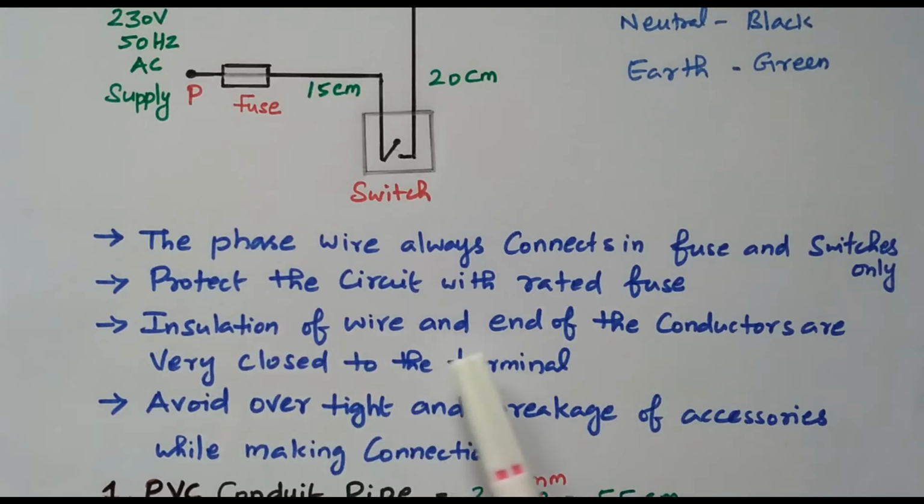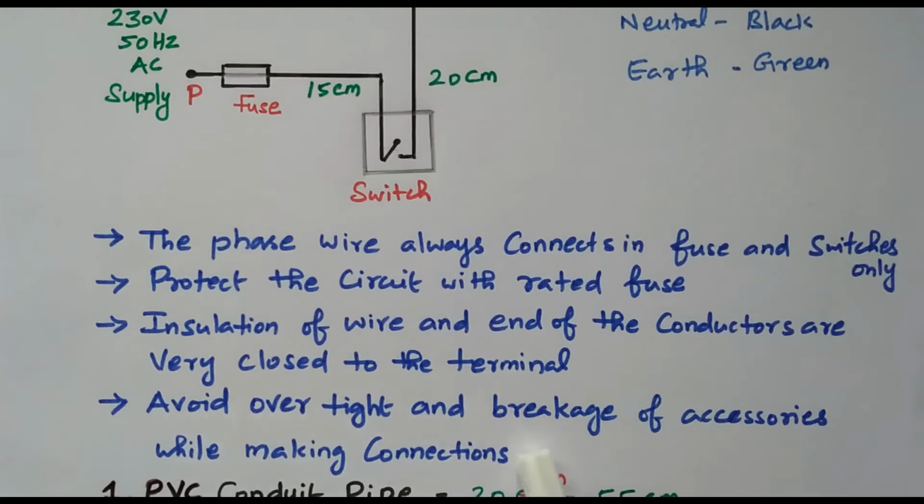The insulation of the wire and the end of the conductors should be very close to the terminal. While removing the insulation, we need to remove only the portion that is needed. The insulation should not be removed for more portion. Only a small amount of insulation should be removed and it is connected to the terminal. The insulation should be very close to the terminal, so that we can avoid shocking.